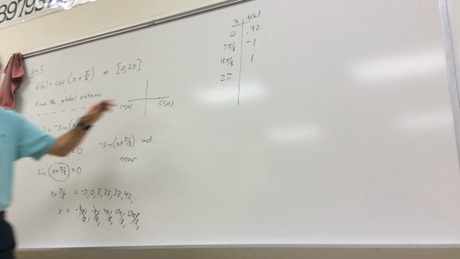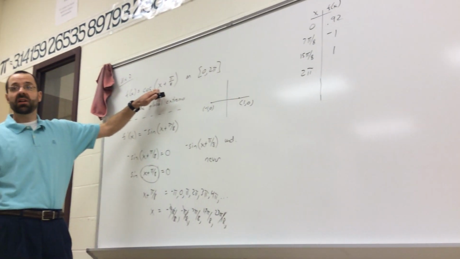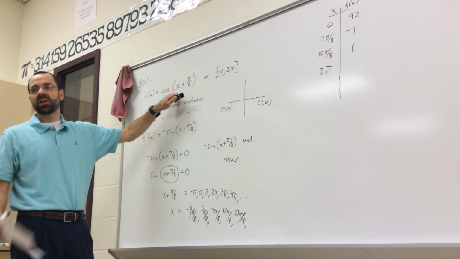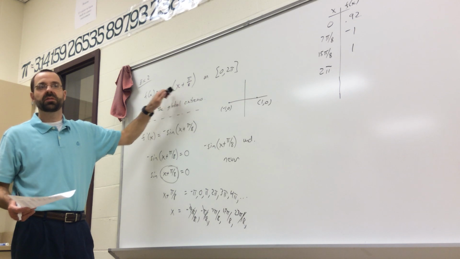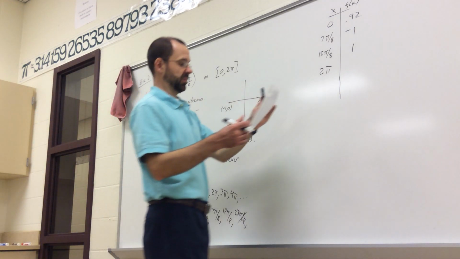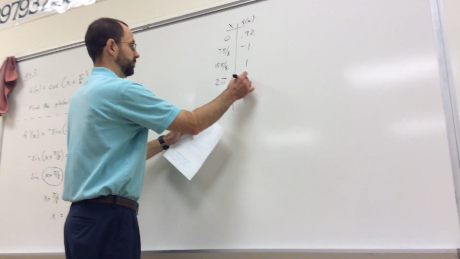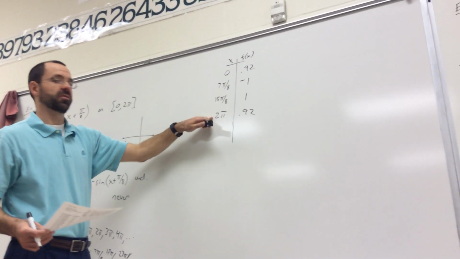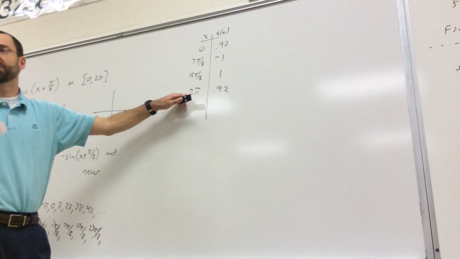And then for 2 pi, that's 16 pi over 8 plus pi over 8, so that's 17 pi over 8. 17 pi over 8 doesn't appear on the unit circle either, so we'll take the cosine of that. It comes out to 0.92 as well, which we should have known because 0 is the same angle as 2 pi. So that was silly to redo it.